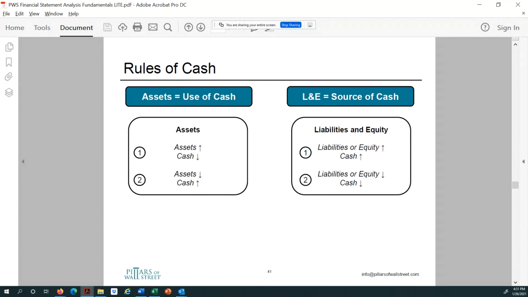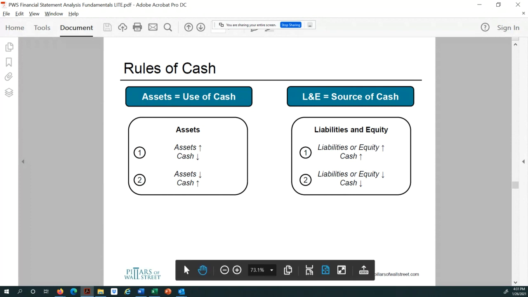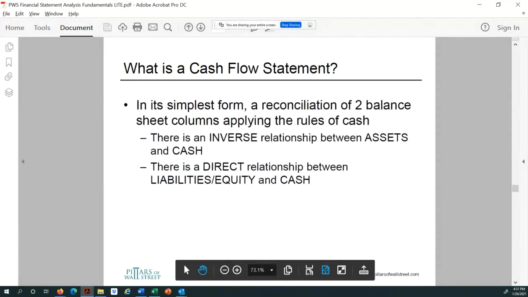Debt goes down, cash goes down. Say a company buys back stock. Equity goes down, cash goes down, right? So you can see they both go up and down together, a direct relationship. Something that's very important to keep in mind. So what is the cash flow statement?